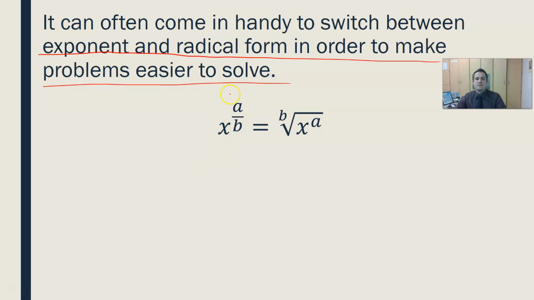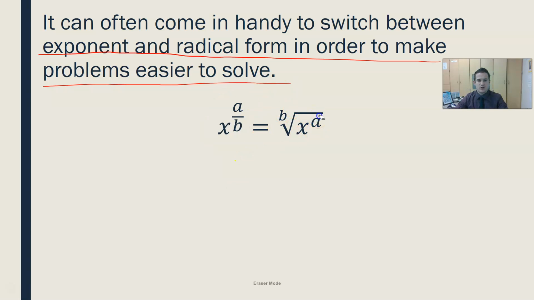So if I have something written in exponent form like this, x to the a over b power, I can translate that and write it in radical form like this. The radical with b as the index and a as the exponent.